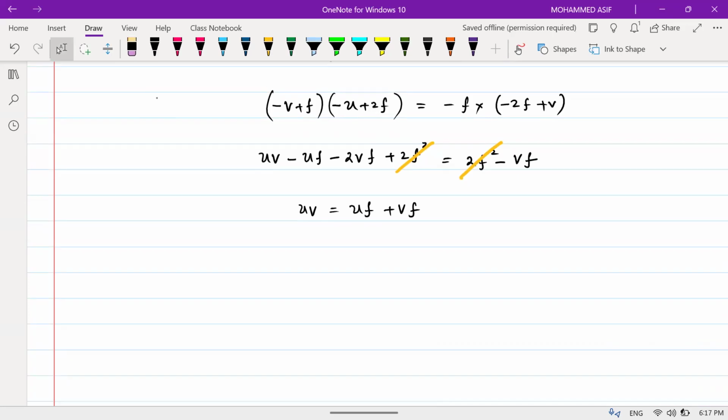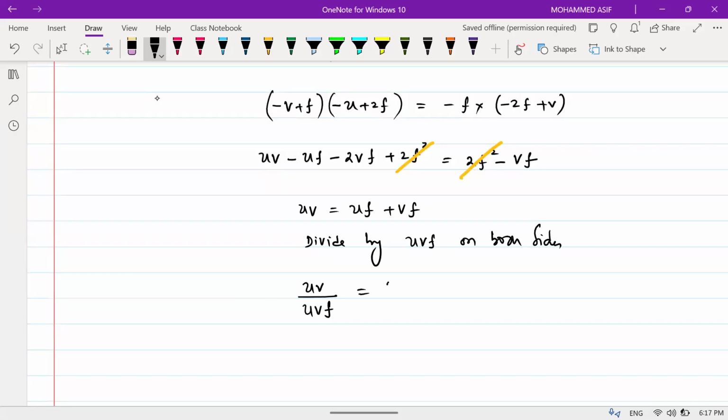Okay, now what you do is divide by uvf on both sides. So it is uv divided by uvf is equal to uf divided by uvf plus vf divided by uvf.